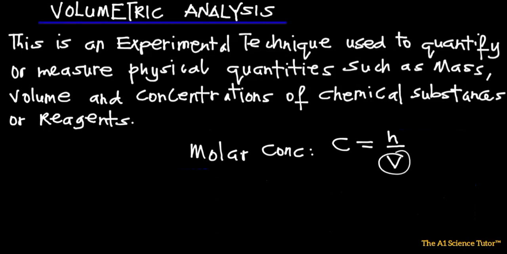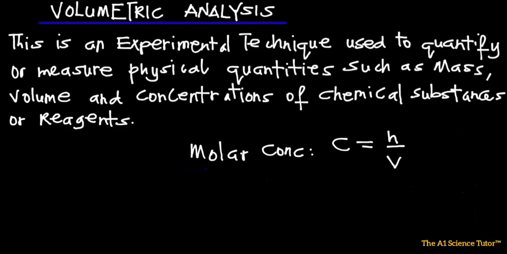This volume particularly has to have the unit dm cube. You need to know that dm cube is the same thing as liters. If you don't want to call it dm cube, you can call it liters. These units are the same.